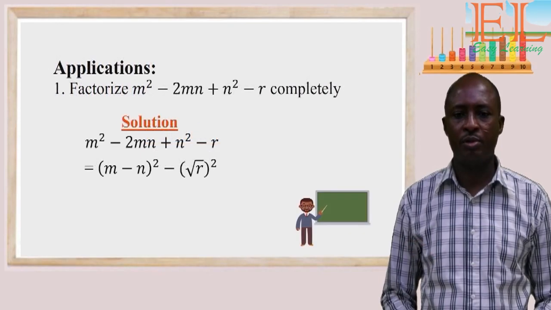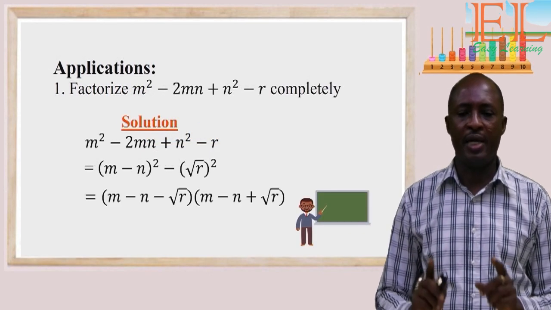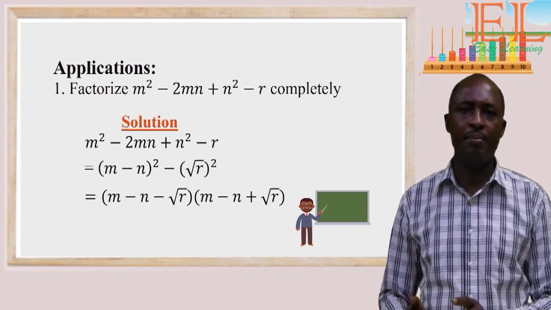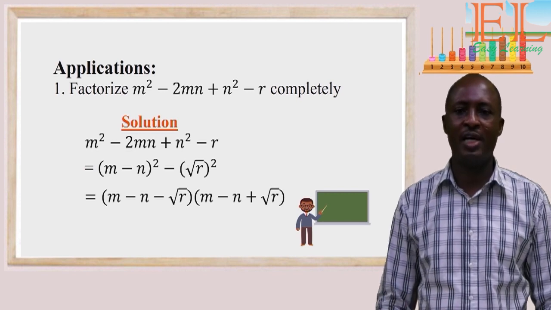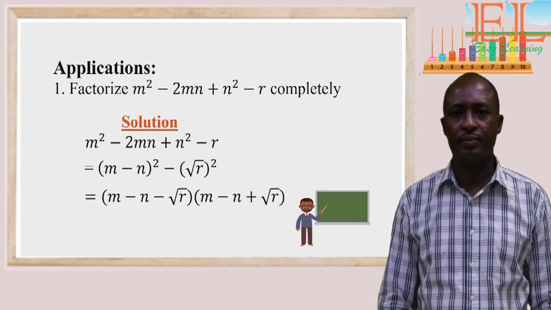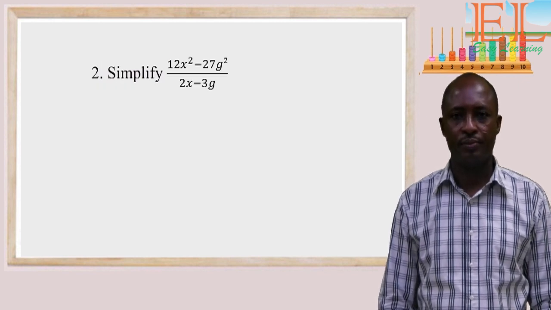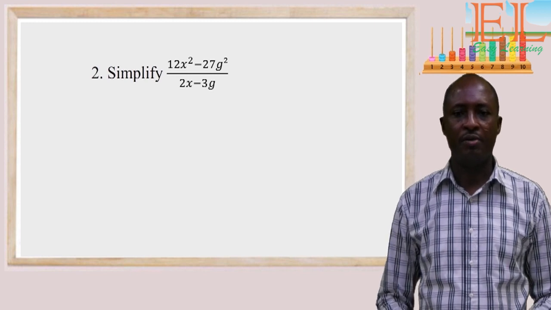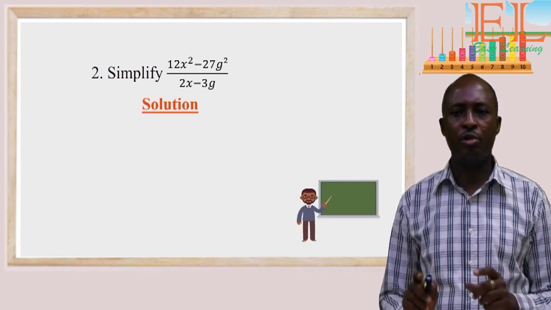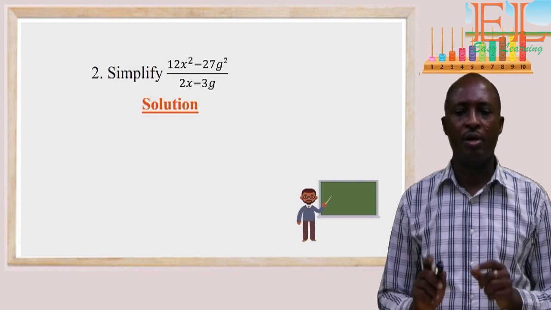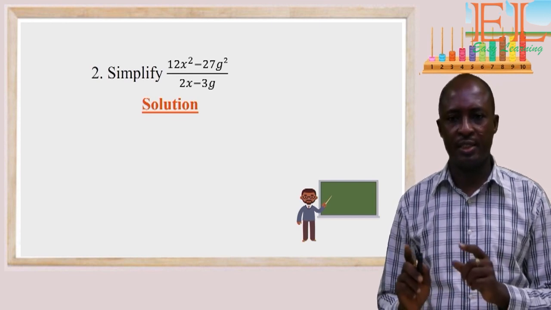Applying the principle, I'll have m minus n minus square root of r times m minus n plus square root of r. Let's take another example. Simplify 12x squared minus 27g squared all over 2x minus 3g.